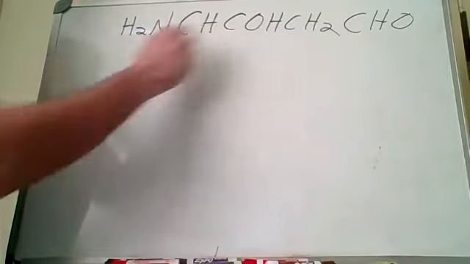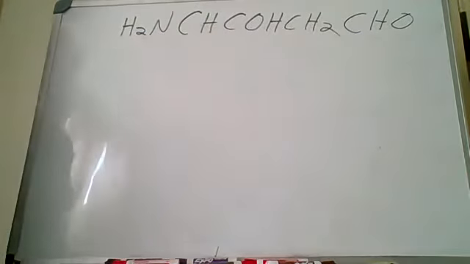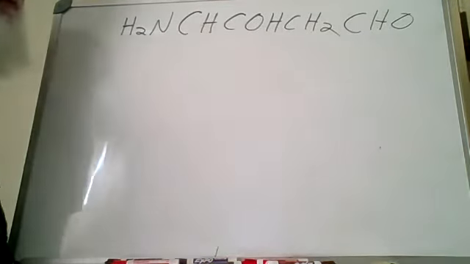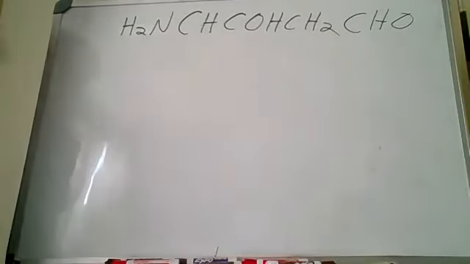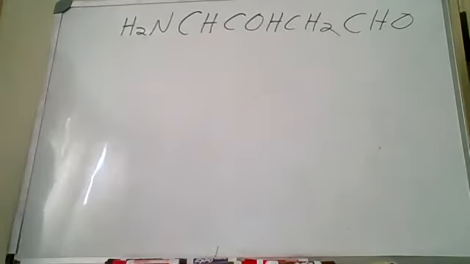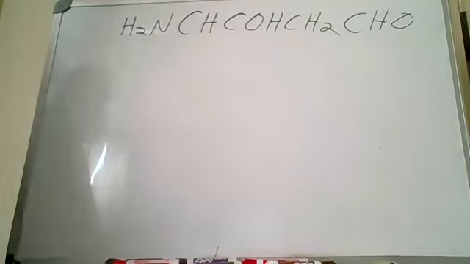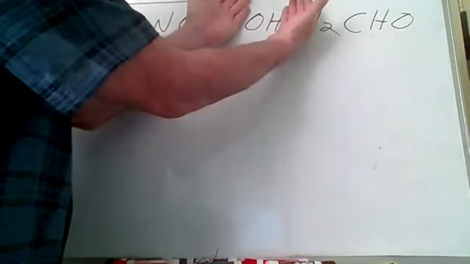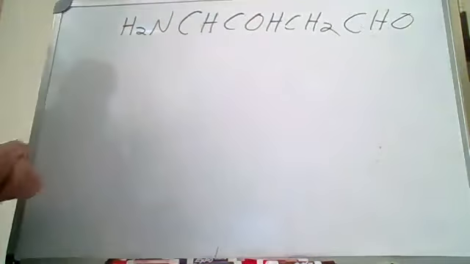What's this going to be here, this oxygen? Aldehyde? Or ether. Well, we'll see. We know it's probably going to be some functional group. Look at that. What's that? Alcohol. And how about this at the end?